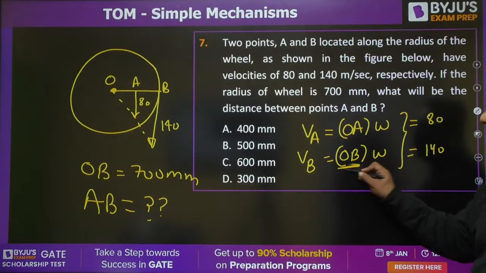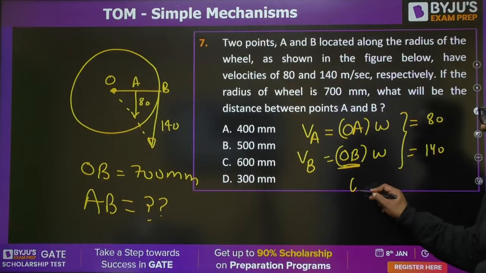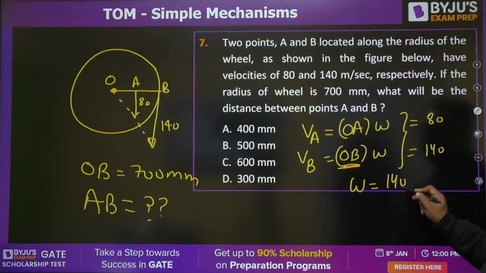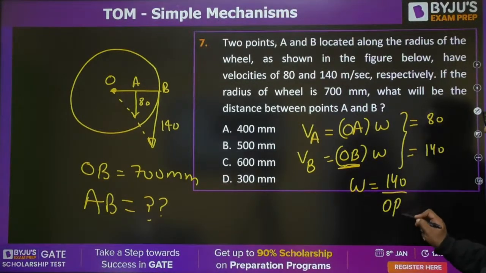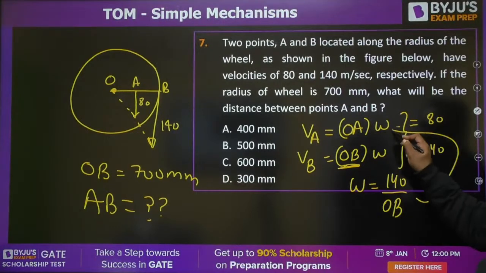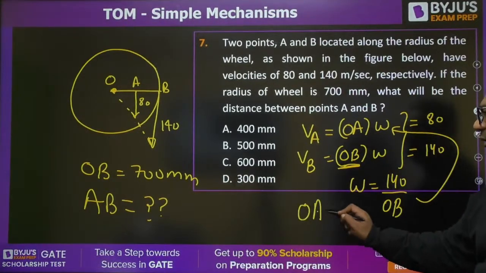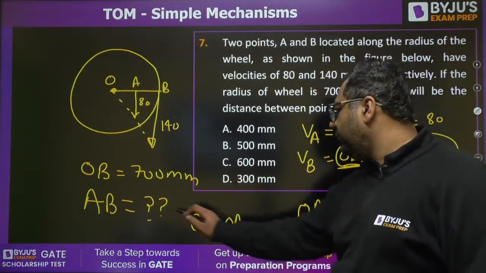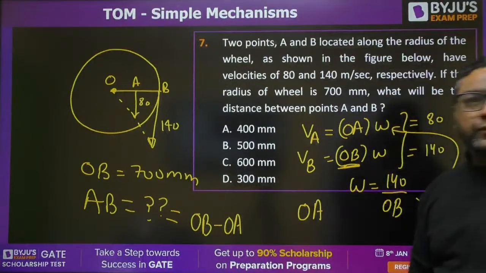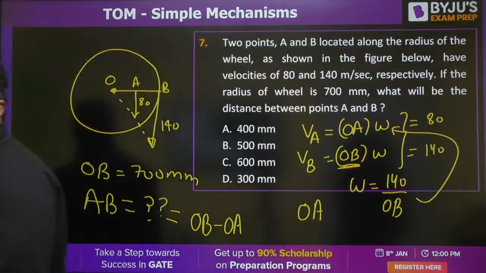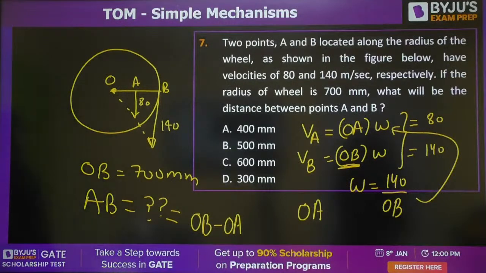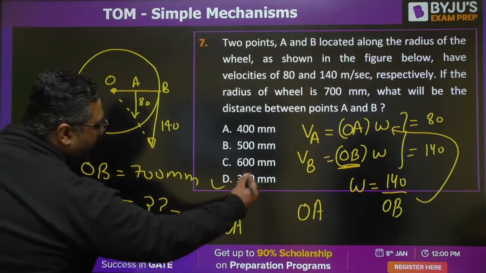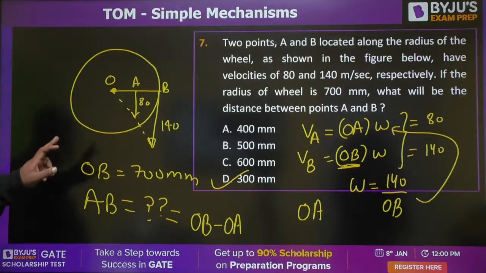Here OB is known to us, so you can find out omega as 140 divided by OB. Put it here and you will be getting OA. Once you get OA, OB minus OA is AB. Solve this one. Wonderful, I got the answer from your side: Teju, Sujesh, Kiran, Naveen, Shreyas, Advait, Manas. You would be getting the answer to be D. Very good, guys.